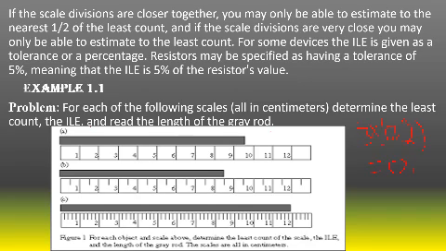From our diagram, from the rule, you can see that the dimensions are spaced out. They are not so close to each other. So if that's the case, we can also estimate to the nearest 1/10. So we say our instrument limit of error for rule B is 0.1.